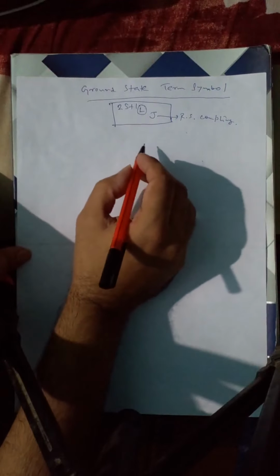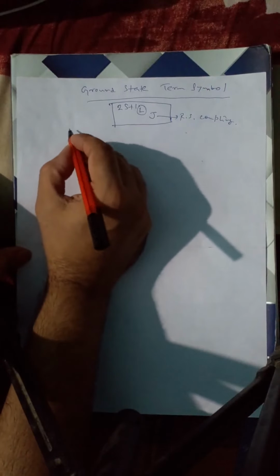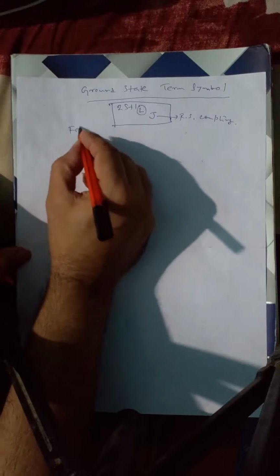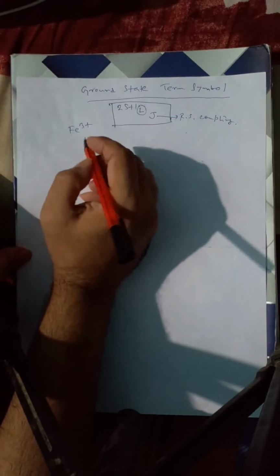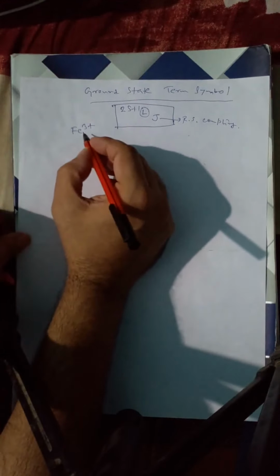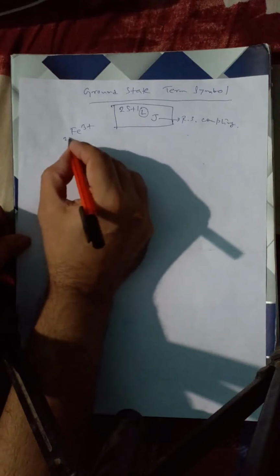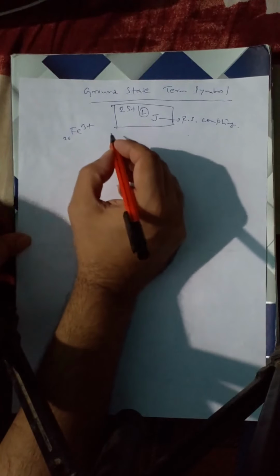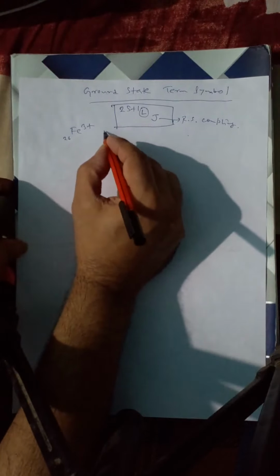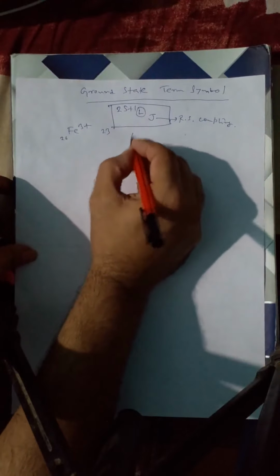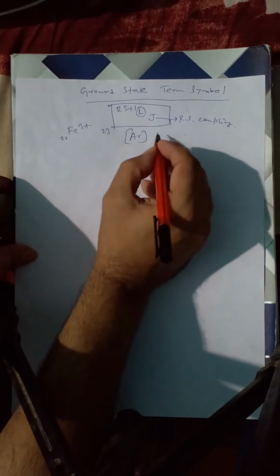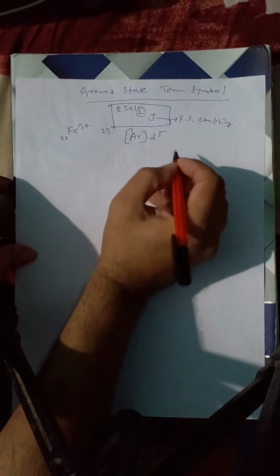For today's lecture, we will discuss the high spin and low spin ground state term symbols of Fe3+. We know the atomic number of iron is 26, so in Fe3+ the total number of electrons will be 23. So it will be a configuration like argon 3d5.